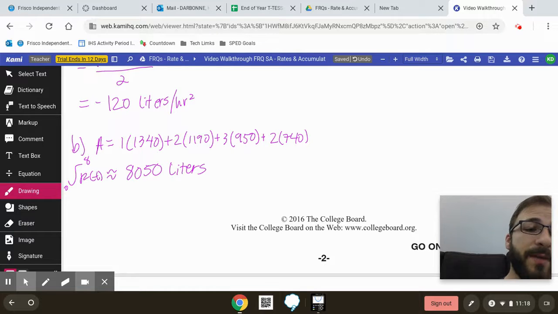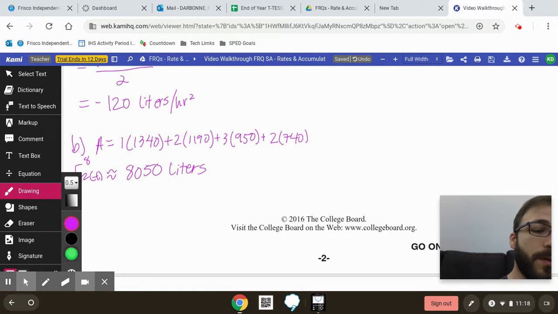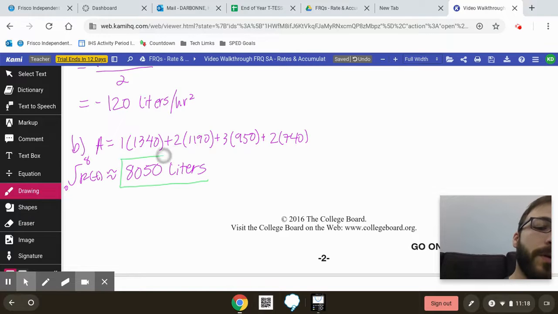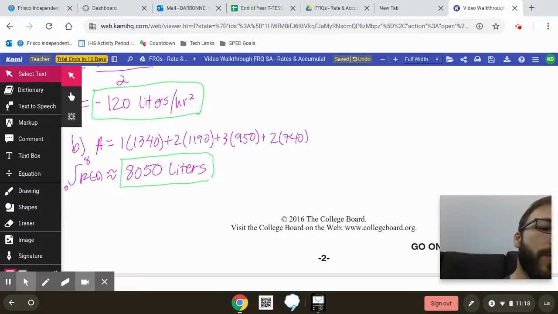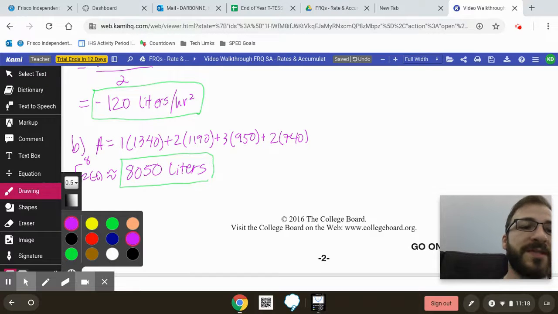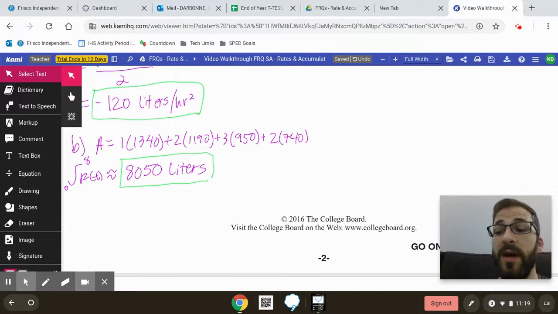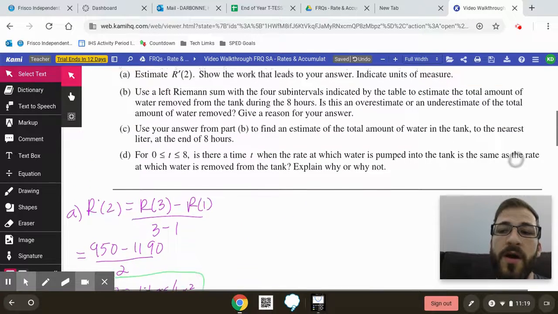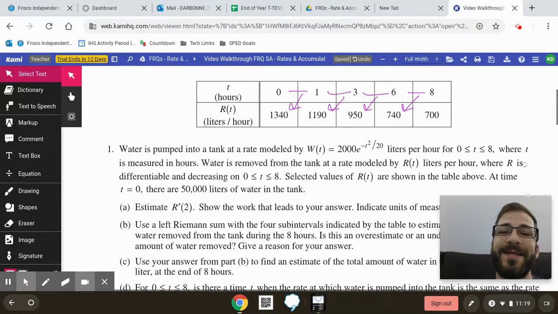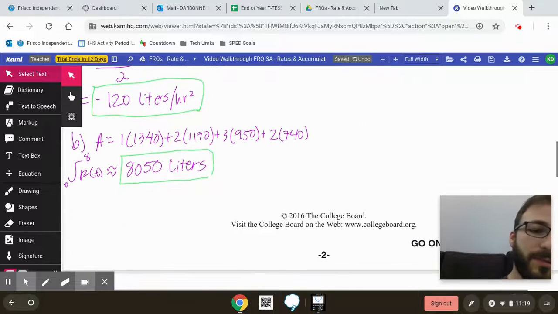Okay, now the second part of part B is they want us to talk about whether this is an overestimate of the value of liters removed or an underestimate. So remember, when we first talked about Riemann sums, whether it's an overestimate or underestimate depended on the shape of the function. Our function, r of t, is decreasing over time. It's going down. So we have a function going like this.